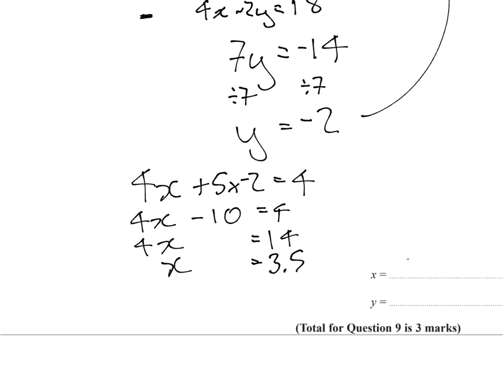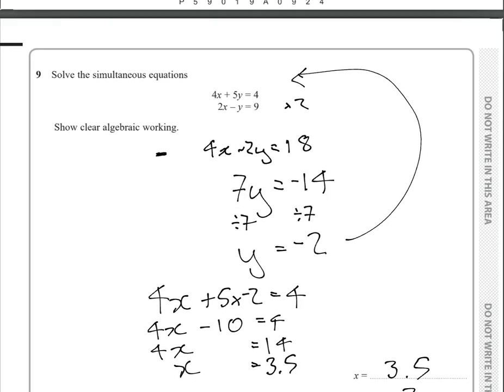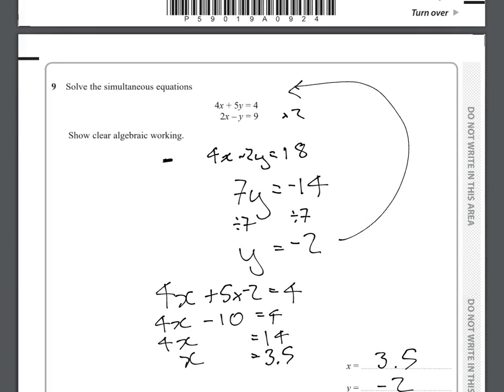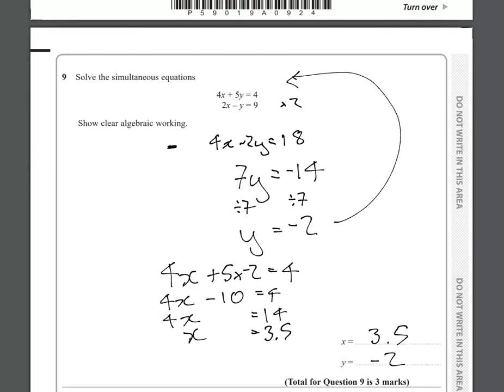So x is 3.5. y is minus 2. I can check that in both of these equations. 3.5 times 4 minus 10 is 4. 2 times 3.5 is 7. Minus minus 2 is plus 2, which is 9. So tick, I know I've got those 3 marks. Very good.